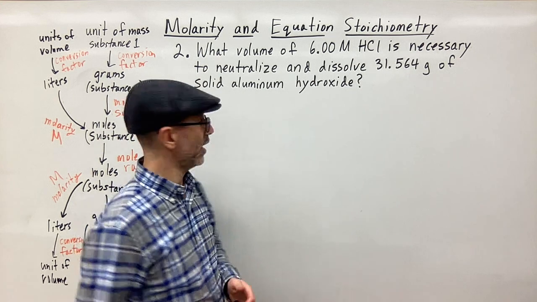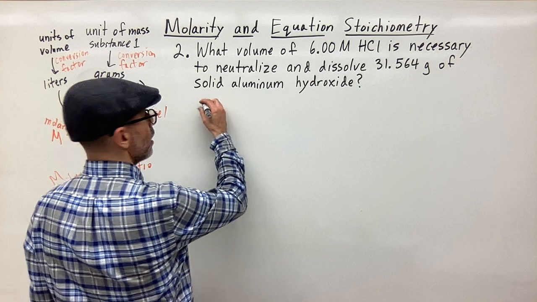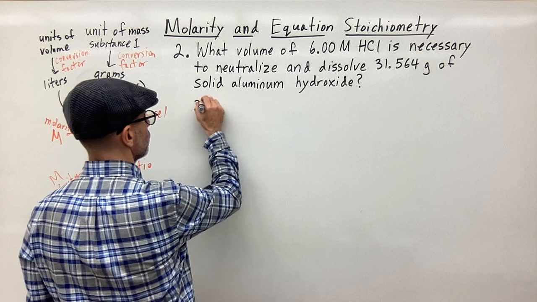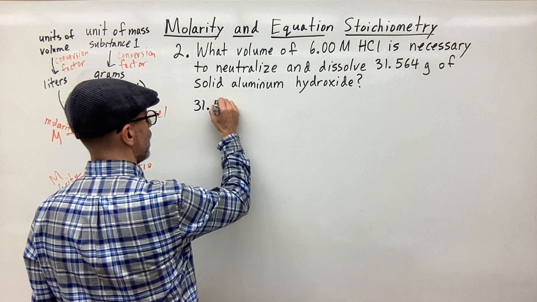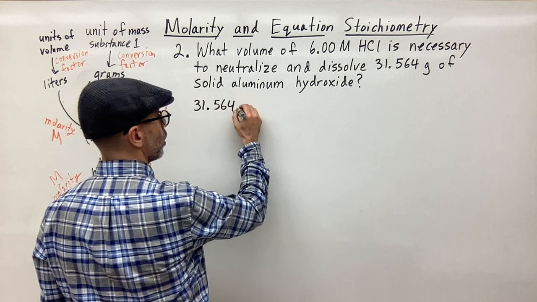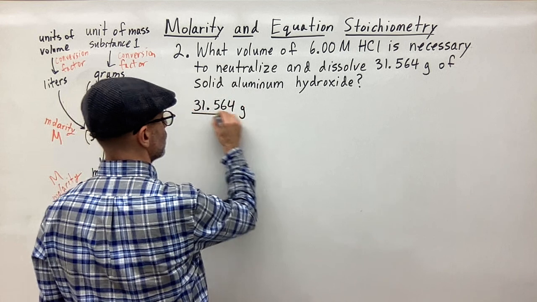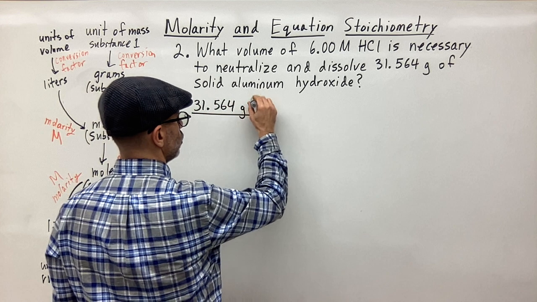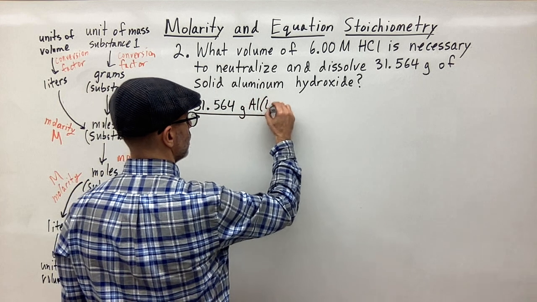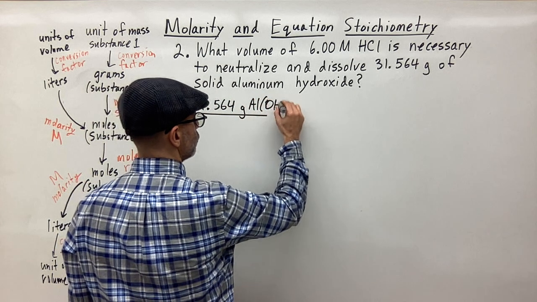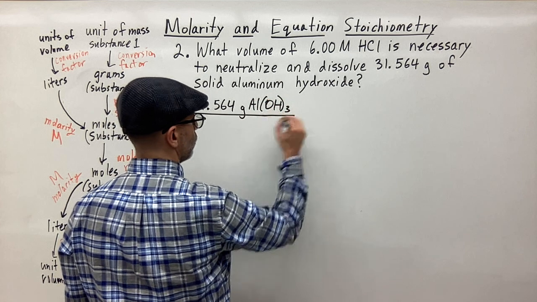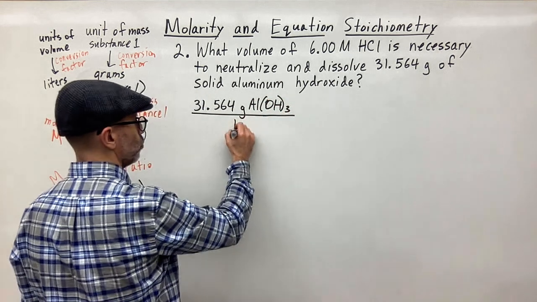So we're going to start there. We're going to take 31.564 grams, and again, this is the aluminum hydroxide, that's the formula for aluminum hydroxide, over 1.